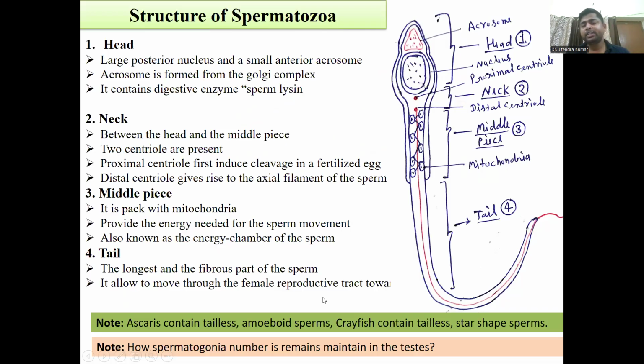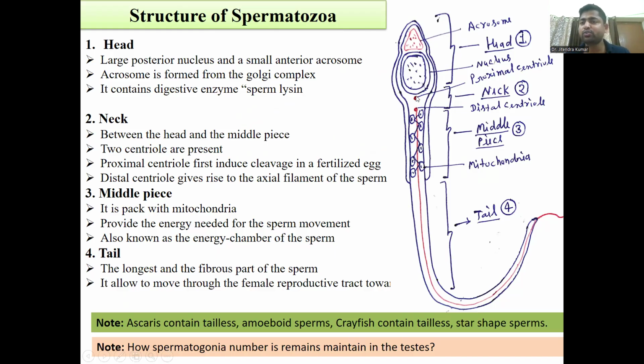When we see the microscopic structure of the sperm, it consists of four parts: head, neck, middle piece, and tail. The head is the upper part, which consists of the acrosome and the nucleus. And this is the neck. The neck region contains two centrioles.